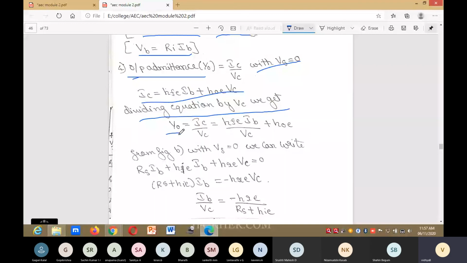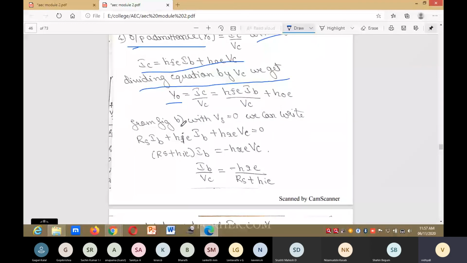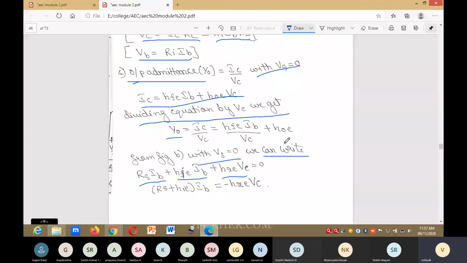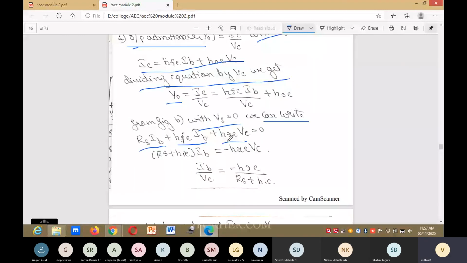From figure B with VS equal to 0, we can write Rs into IB plus HIE into IB plus HRE into VC is equal to 0. Taking IB common, Rs plus HIE, you will get minus HRE into VC.